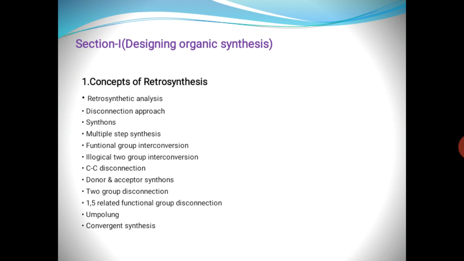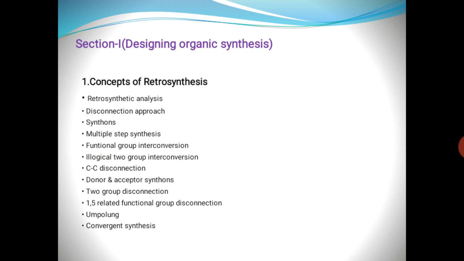First of all, we see the syllabus for designing organic synthesis, which is the first section. In this section, the first chapter is concepts of retrosynthesis. In this chapter, there are some points: retrosynthetic analysis, then disconnection approach, then synthons, then multiple step synthesis, then functional group interconversion, which is FGI, and you know it very well.